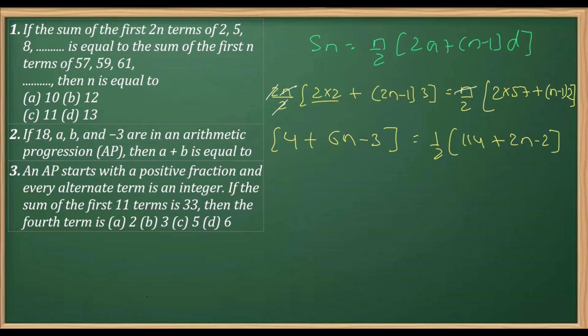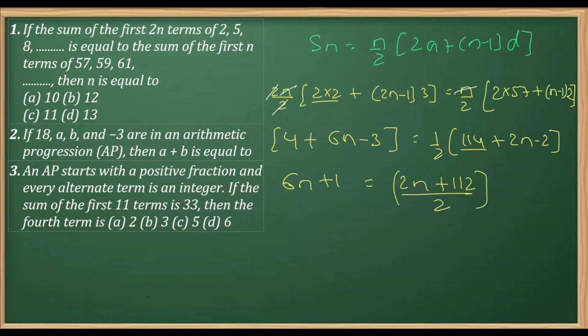Now check here on further simplification. I can write this as 6n, and 4 minus 3 is positive 1. On the other side we have 2n first, and 114 minus 2 is 112. This is 112, that whole divided by 2.